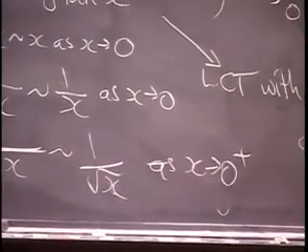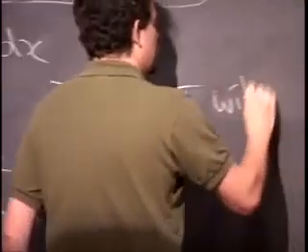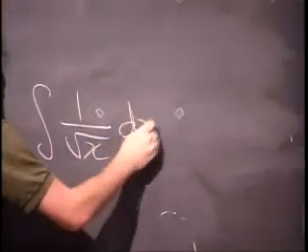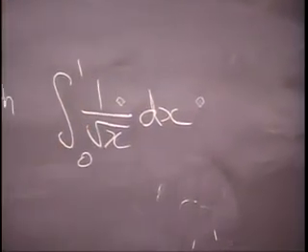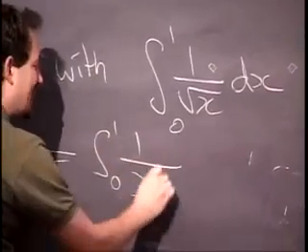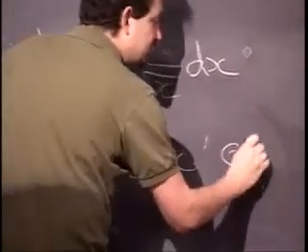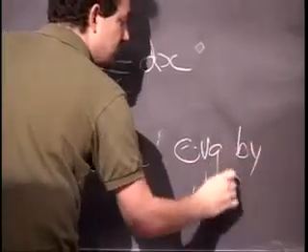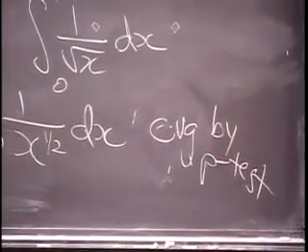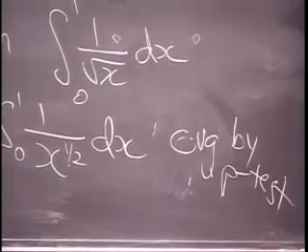So this one, you're going to use limit comparison test with 1 over root x, which is otherwise known as 1 over x to the 1/2. And this now converges by the p-test, because the power of 1/2 is less than 1. So that one converges by limit comparison test.